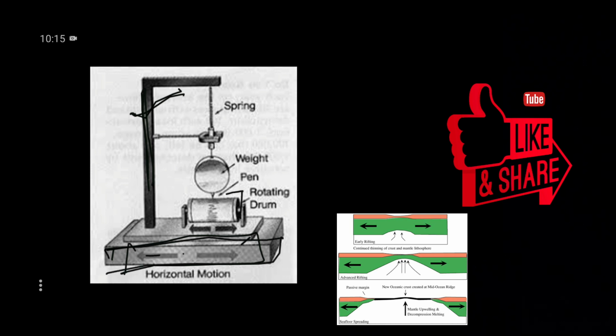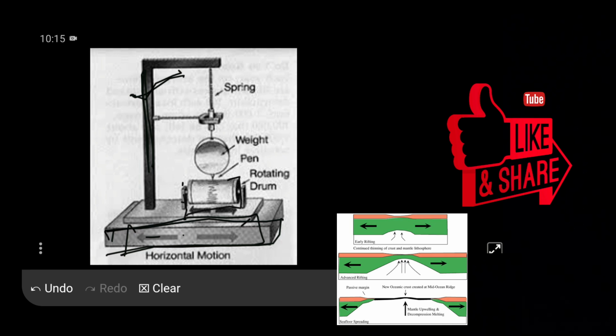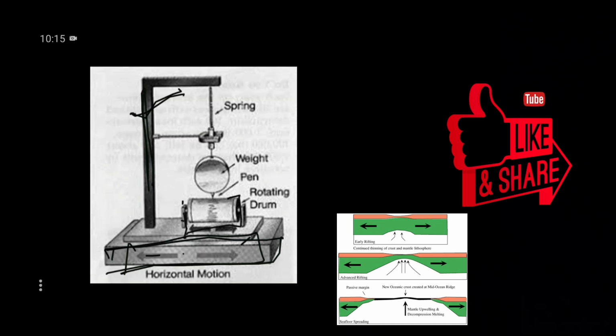This is the part of the instrument by which we can determine the earthquake. This part is called the seismogram, and this is the pen by which we can draw the seismic wave. This is the spring of the instrument.